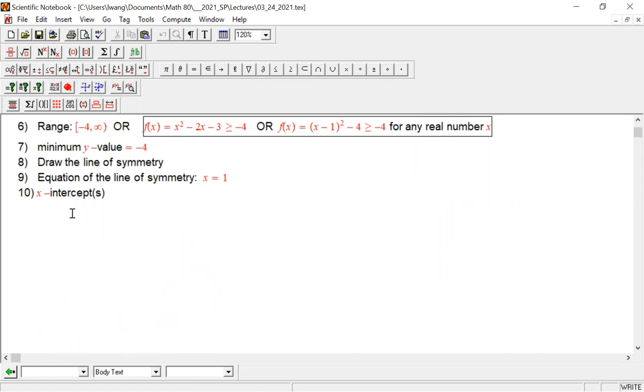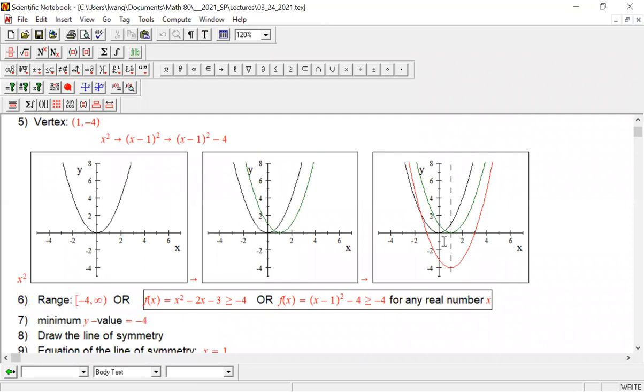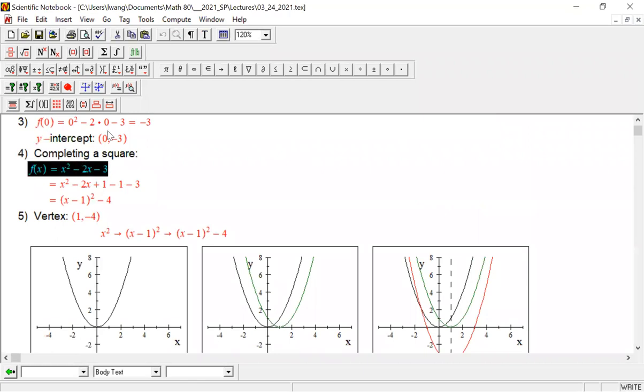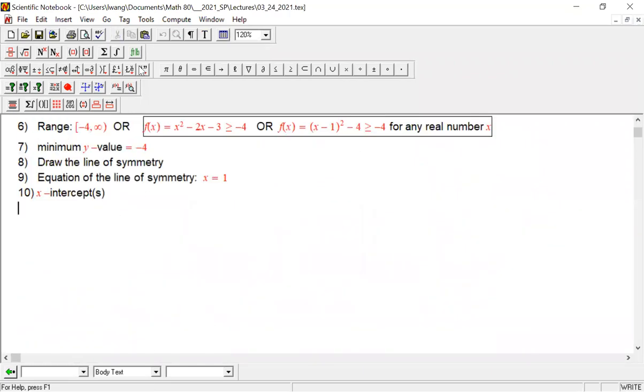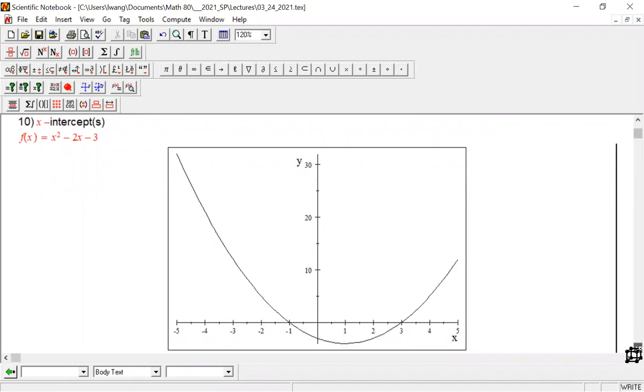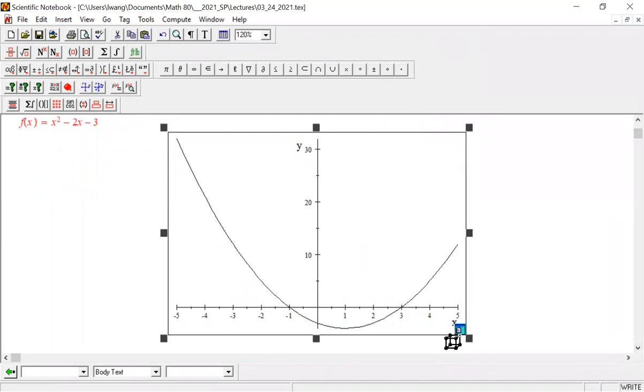So now we finally have the curve. I'm going to have this curve with us, and we have identified the line of symmetry.